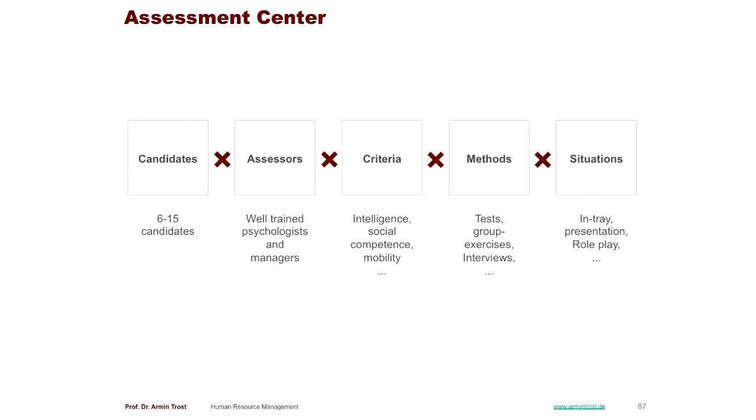You were not alone. It's not an individual method. It's not about one single person. It's about multiple candidates, maybe 6 to 15. You are all together for an entire day, and there are some assessors, well-trained people, psychologists or managers, who are trained to observe you over the course of the 1 or 2 days. Okay?